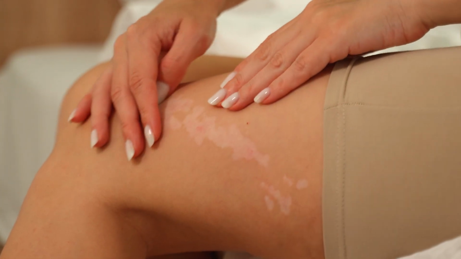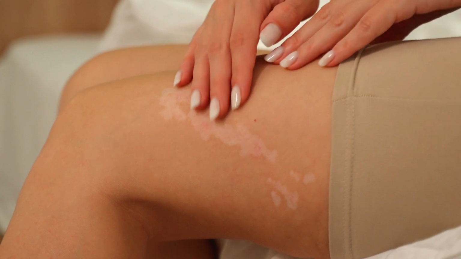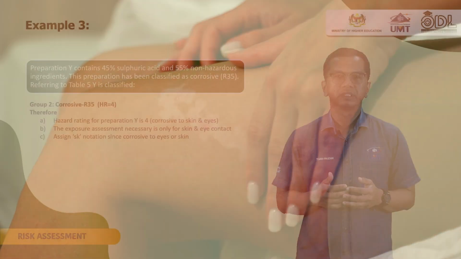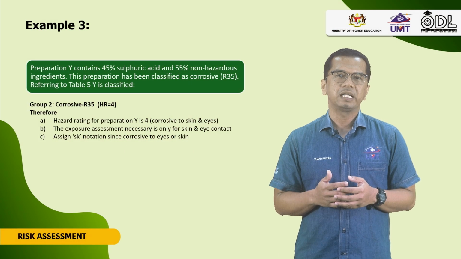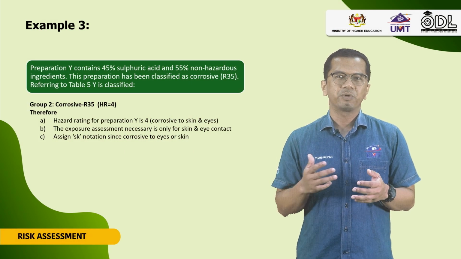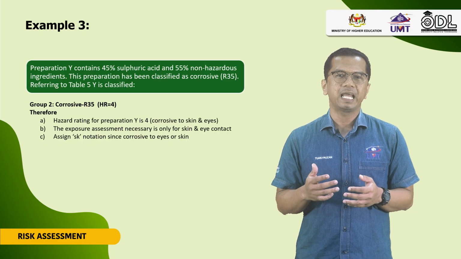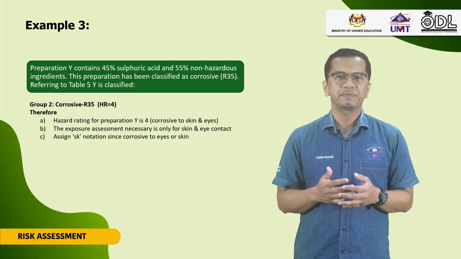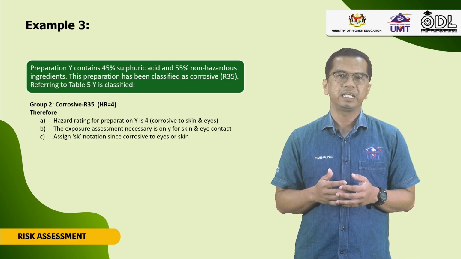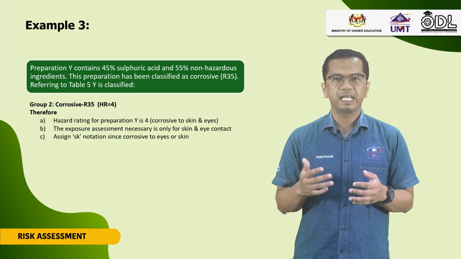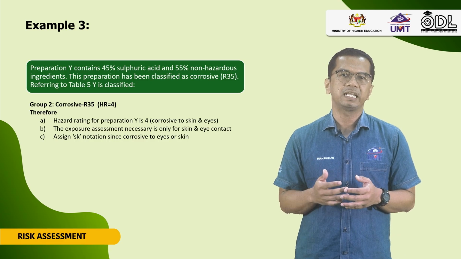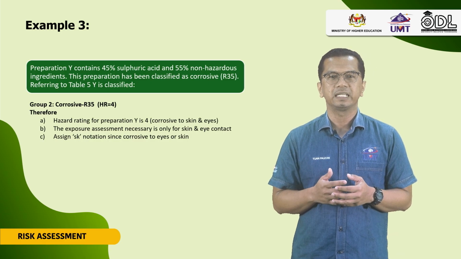According to Table 5, this places the substance under Group 2 with a hazard rating of 4. Therefore, Preparation Y receives a hazard rating of 4. The exposure assessment only applies to skin and eye contact, since the substance is corrosive to these areas, and SK notation is required. In practice, this means strict control should be placed for skin and eye protection during handling.